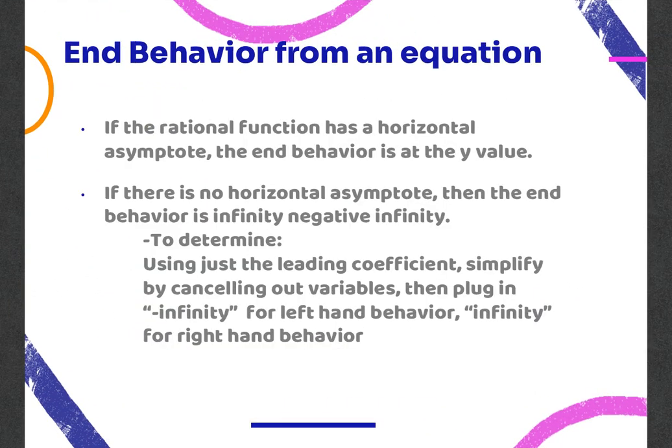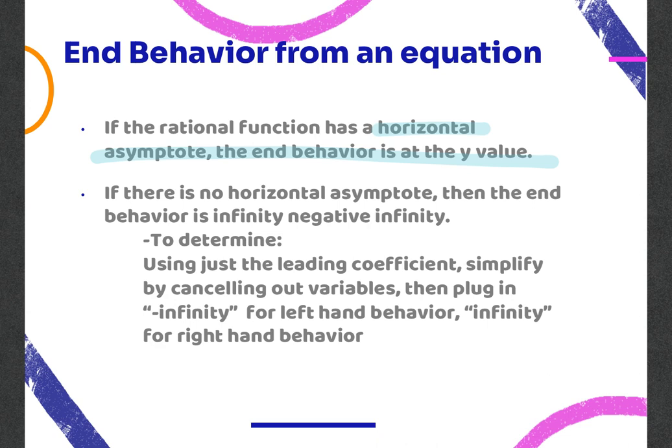All right, so how do we find the end behavior from an equation? If the rational function has a horizontal asymptote, then the end behavior is the y value, okay? So if I had a horizontal asymptote at y equals 1, then the end behavior on both sides is 1.